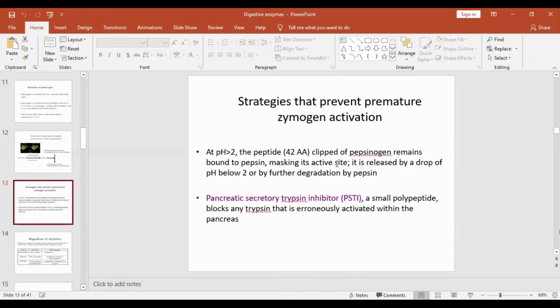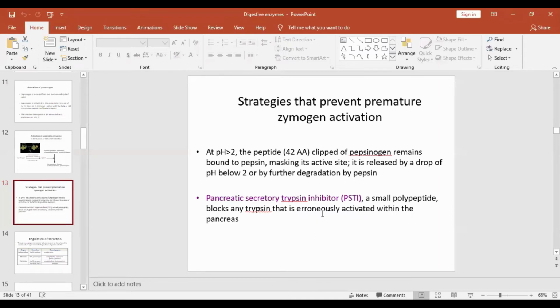The part of the enzyme that is the active site is not exposed, because it is masked by a certain length of its own fragment. In this way, premature activation is prevented at the point of synthesis.